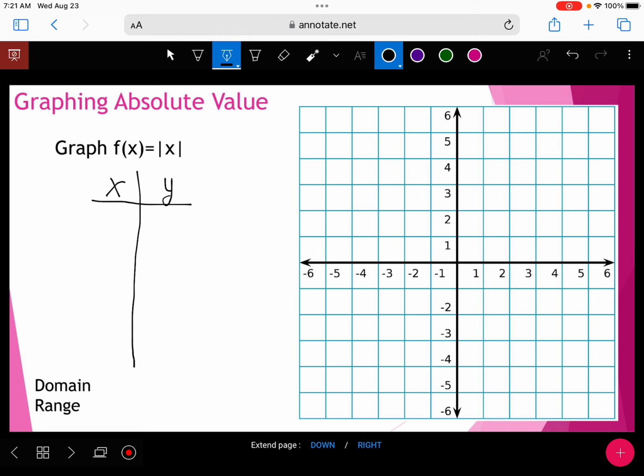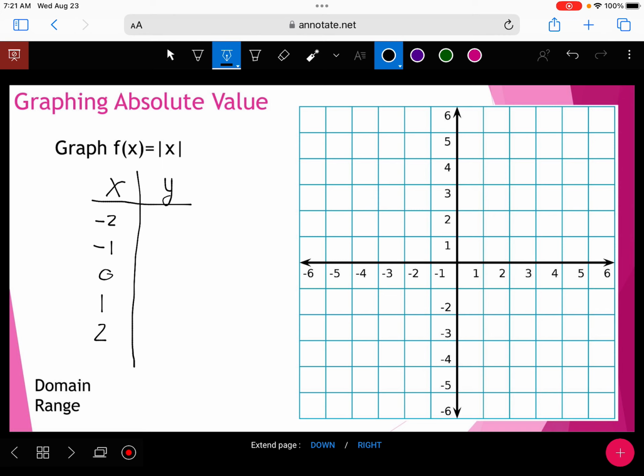We want to make sure we get on both sides of our axis. So I recommend we stick kind of in this zone here, -2, -1, 0, 1, and 2.